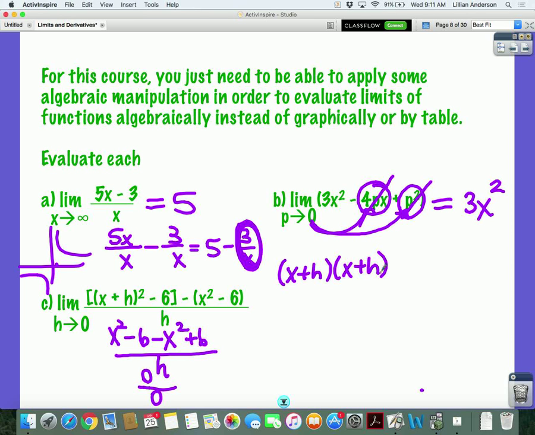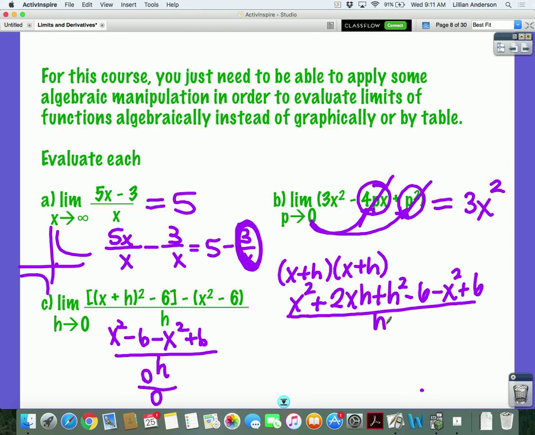What is that? x squared plus xh plus xh, which is basically 2xh plus h squared. Minus 6, and I'm going to distribute the negative over again. And because I am simplifying this limit, I want to make sure that I include the notation to go along with it.